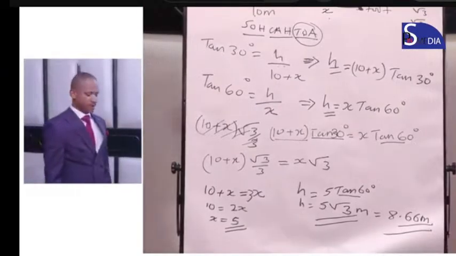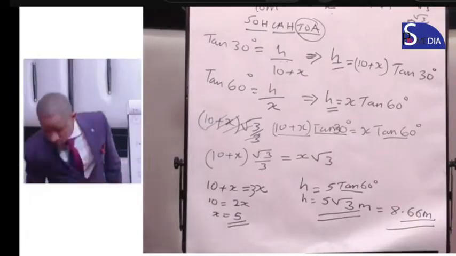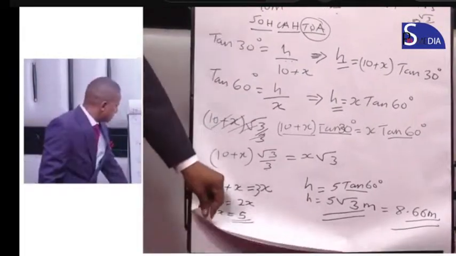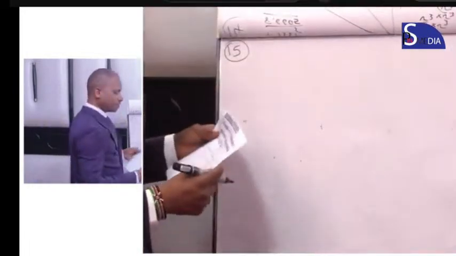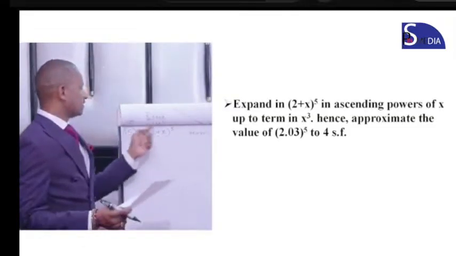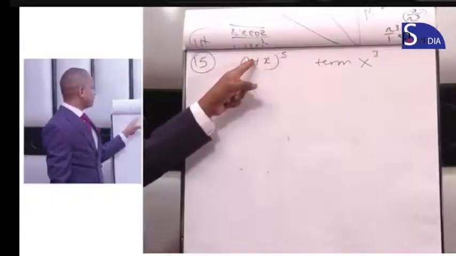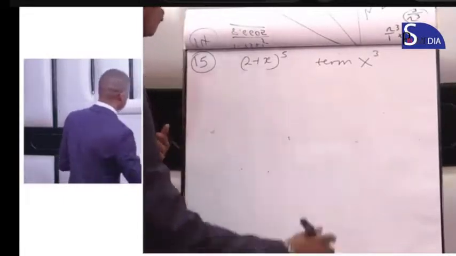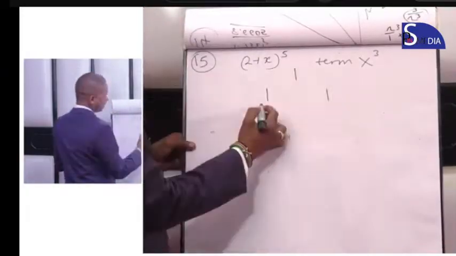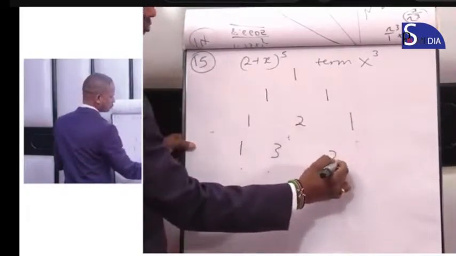And this thing with the 2 questions. So on, binomial and of x up to that, hence approximate the value. So this value 2 plus x is easy to construct. 1 plus 1, 1 2.